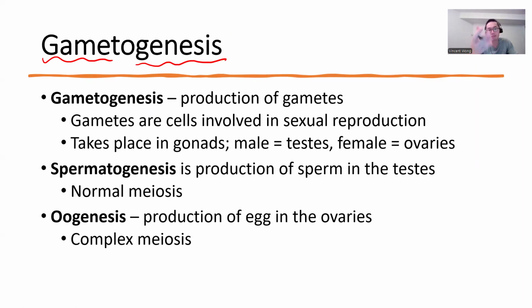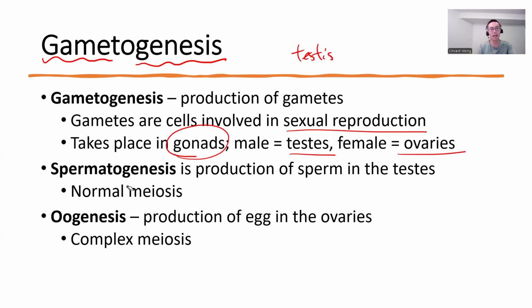So gametogenesis is the creation of gametes, okay? Gametes are cells involved in sexual reproduction. And for humans, it takes place in the gonads, testes in the males, and ovaries in females. Testis is singular, testes are plural. Okay, testicles means the same thing, okay?